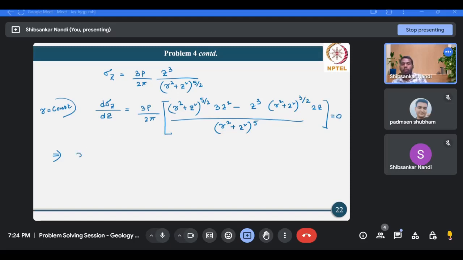That means if you take r square plus z square whole to the power 3 by 2 as common, and z square also as common, this will be 3 (r square plus z square) minus 2z square equals 0. Okay, that means 3r square plus 3z square minus 2z square equals 0.